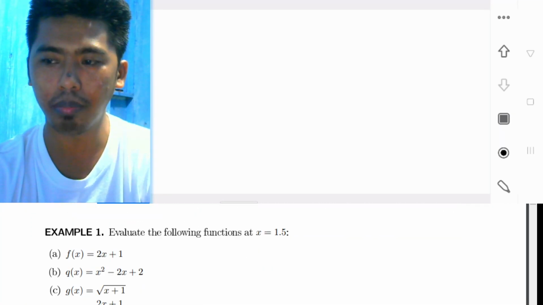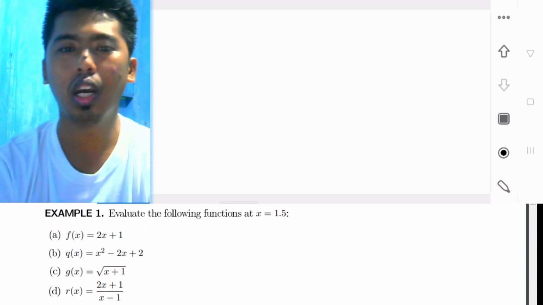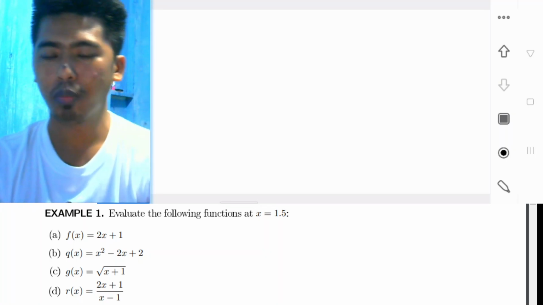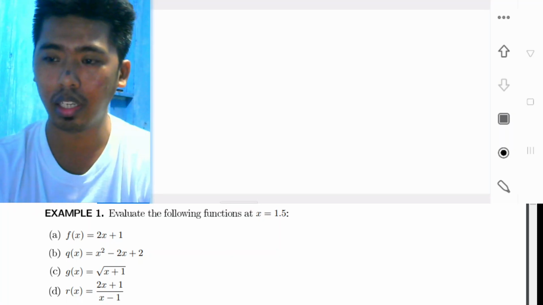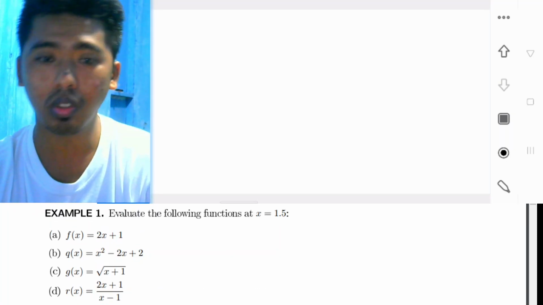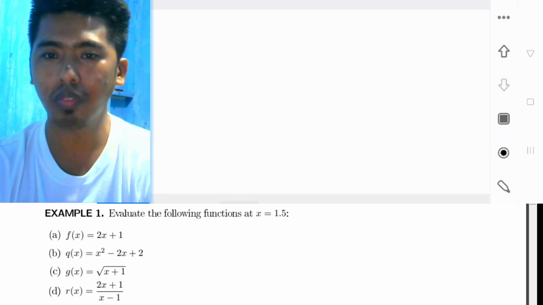Now let's have some examples. In order for you to really see how to evaluate a certain function, we have example number 1, and in example number 1 we have 5 examples. Evaluate the following functions.